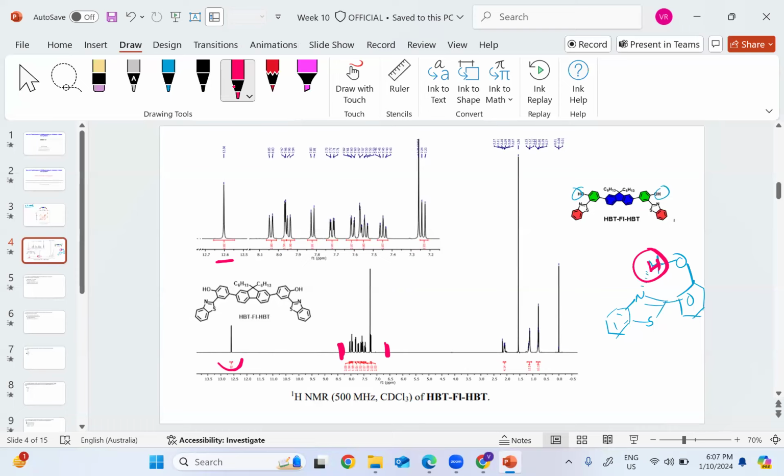If you look in the alkyl region, this is one peak due to four hydrogens. Here also there is a signal due to 12 hydrogens, and here there is another signal due to around 10 hydrogens, right? Can anyone tell which is the distinct peak here?